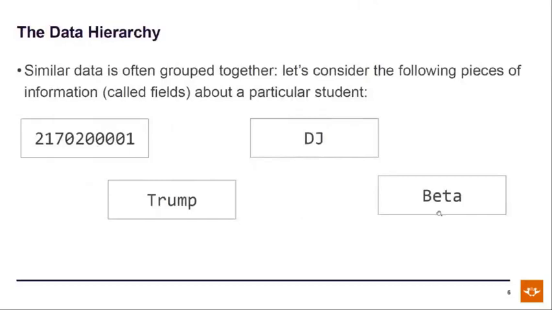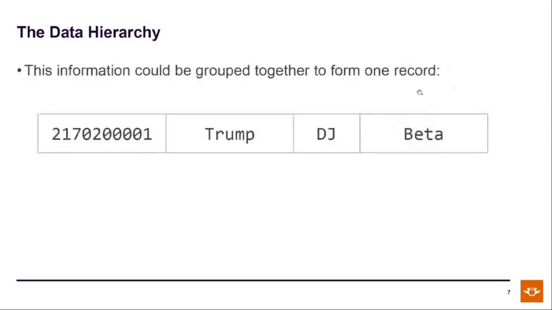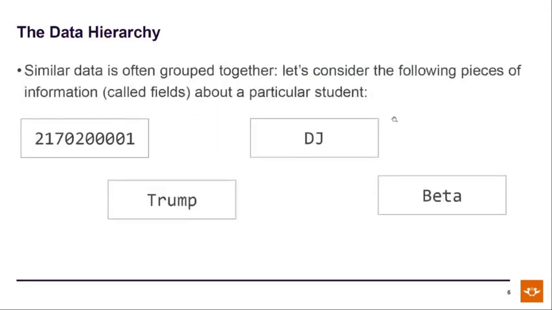When we look at the data hierarchy, similar data is often grouped together. Let's consider the following pieces of information, called fields, about a particular student. You've got a student number, a surname, initials, and then an additional grouping.